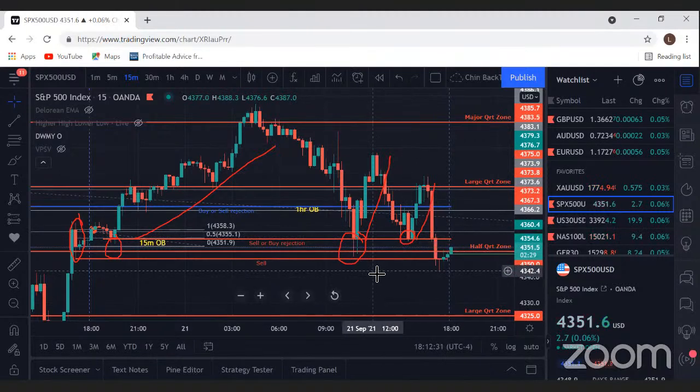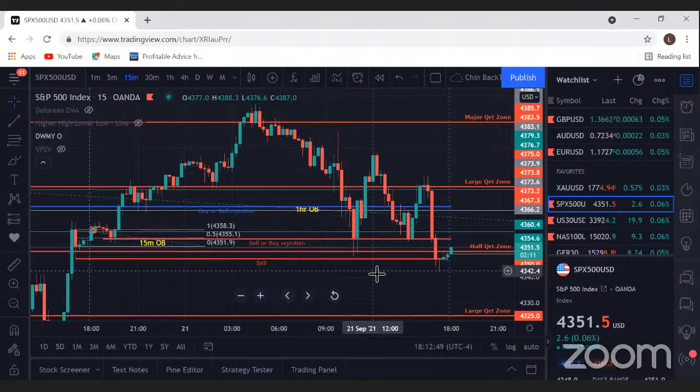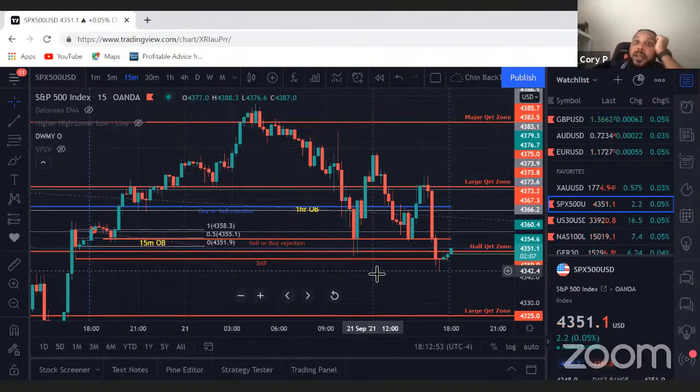So now, where we at, how it broke below it, is that because this is a 15-minute order block, which is a smaller time frame, so it's not going to do that many powerful moves off of it? Is it easier to break through it because it's a smaller time frame? Yeah, it's easier to break through this because it's a smaller time frame. So at this point, once you see that this one's getting violated, and we're starting to pierce through it, we still actually haven't gotten the close below it yet.